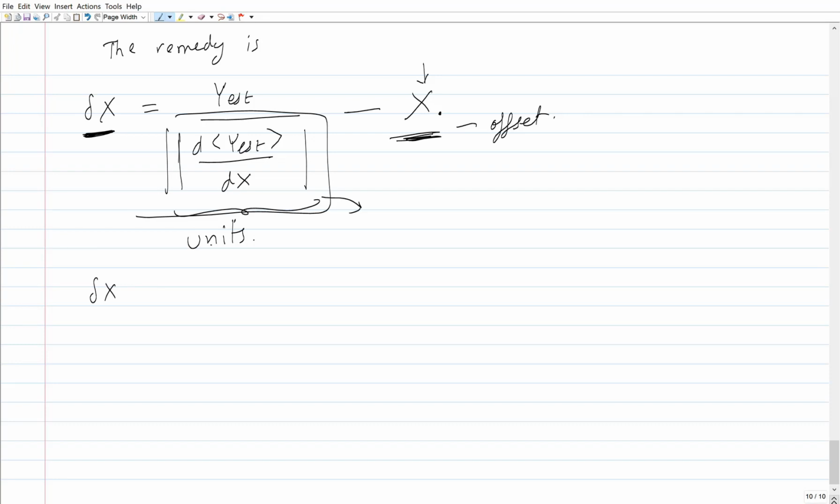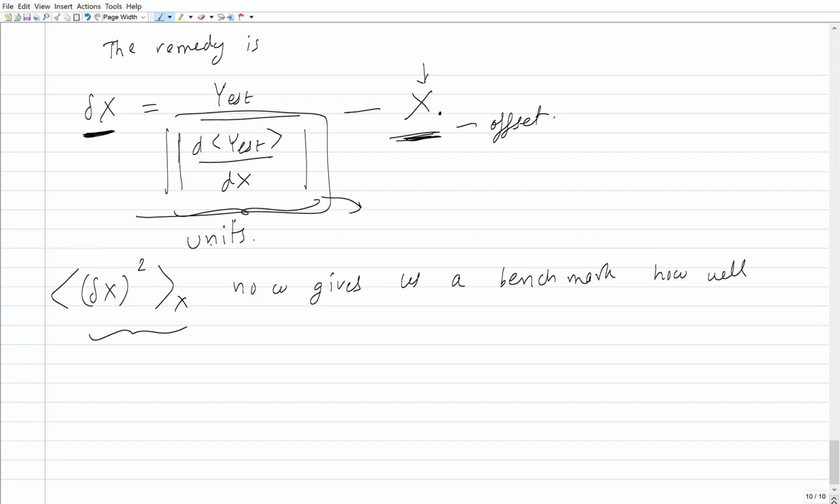So what do I do now? Now I'll be interested in the variance of this quantity instead of my original variance of y estimate, and this is going to give me a way to benchmark how well we have carried out the estimation process.